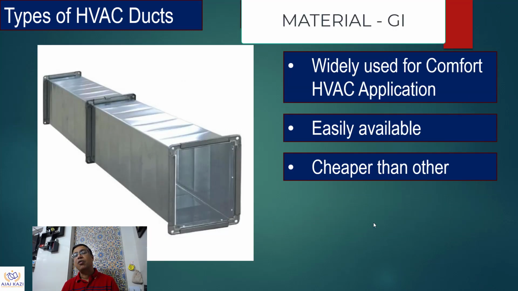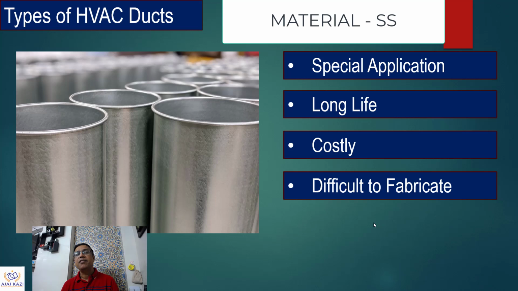Then we talked about shape; now material depends on the application, right? One of the materials is GI. The one in front of it is GI, widely used, easily available, cheaper than other materials. So this is commonly used in HVAC. Then we have SS, stainless steel, used for specific applications. They have long life. They're costlier than GI, obviously. They're difficult to fabricate; GI is easier than the steel.